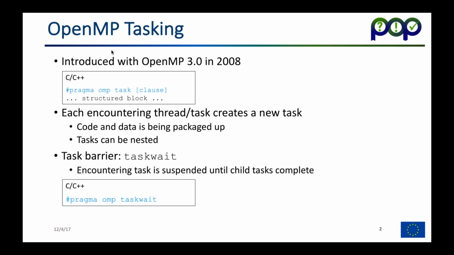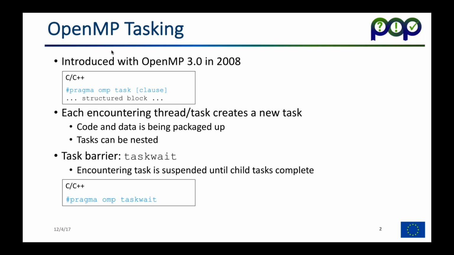Code means the code being executed as part of the task, and data means the data that is private to this task, but obviously a task can also hold references to shared data. The interesting thing apparently is that tasks can be nested, so that means it's a very good way to parallelize recursive or in general irregular algorithms.